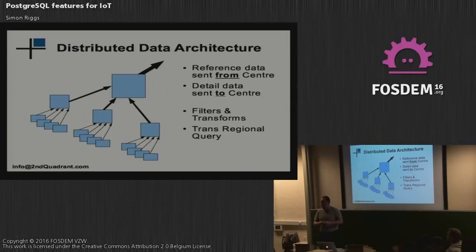So, for example, you'll be able to have devices feeding into a regional center, and then regional centers feeding into area level centers, up to potentially central data warehouses, with a model where we'd be able to send reference data down to the individual devices, and then collect detailed data and send that back up the chain in the other direction.